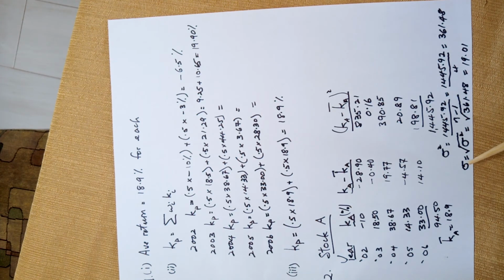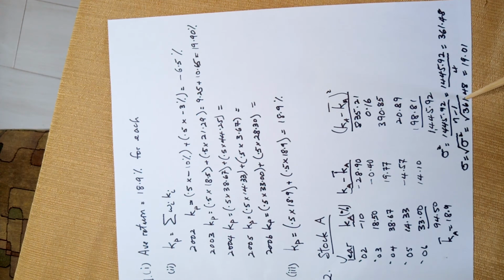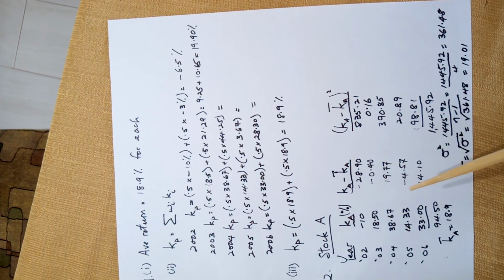The relationship between standard deviation and variance is a very simple one. The standard deviation is the square root of the variance. We already found the variance, so we simply square root it and we get our standard deviation of 19.01. So for stock A, we have found both our variance, 361.48, and our standard deviation, 19.01.